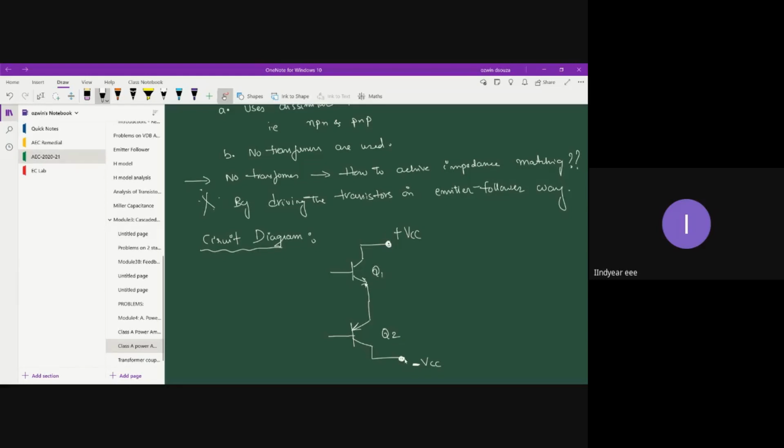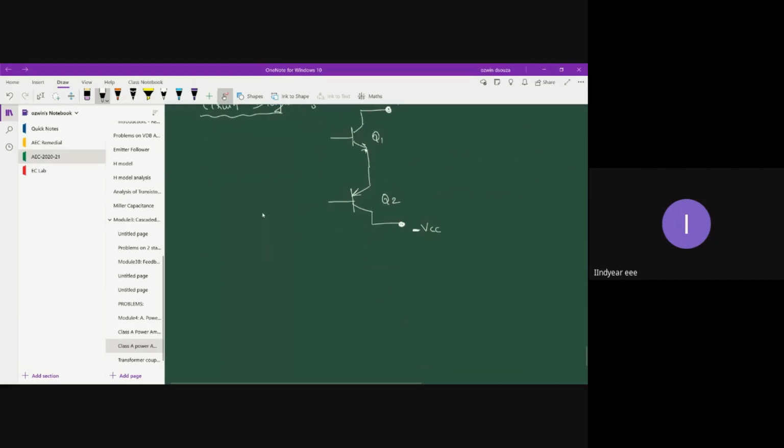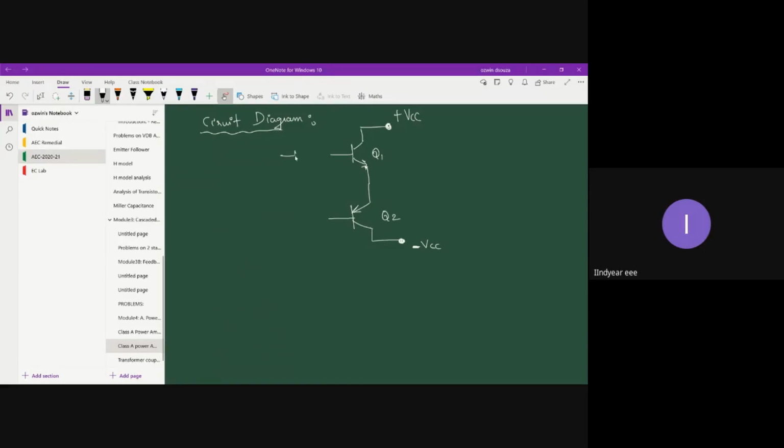Now, the two bases are connected to the input. Each of these two base terminals is connected with a coupling capacitor to avoid the DC that may flow into the system. And these two are connected together, and it is given to an incoming AC signal. So this is your input. It's a bidirectional signal.